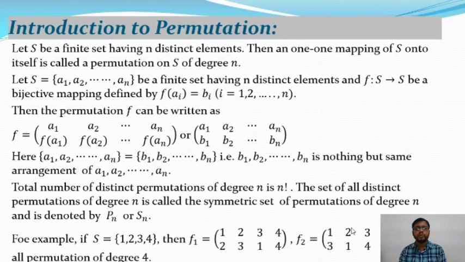So 3 corresponds to the element 1, 1 corresponds to the element 2, 4 corresponds to 3, and 2 corresponds to 4. So 1 goes to 3, 2 goes to 1, 3 goes to 4, 4 goes to 2. These are all permutations of degree 4. Here the set S has 4 elements, and they are 1 2 3 and 4.